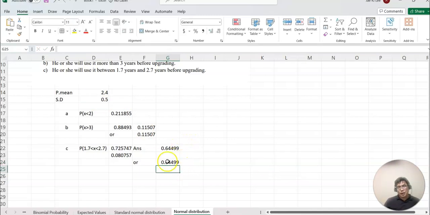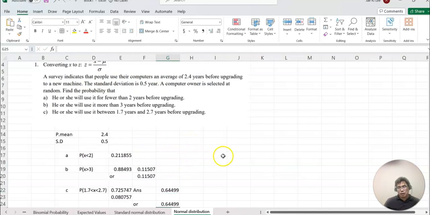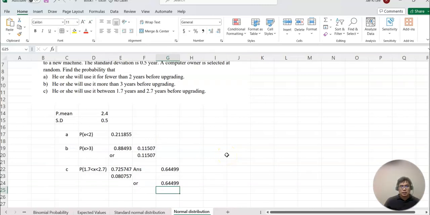Then as you see, we got exactly the same answer. So that's how you find a normal distribution probability value using Excel.